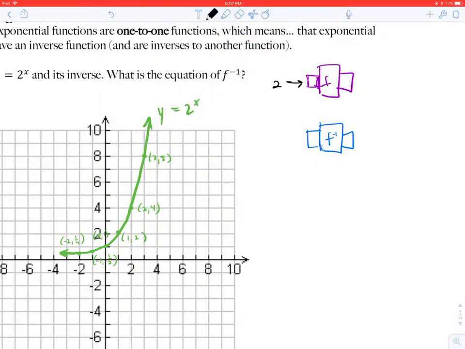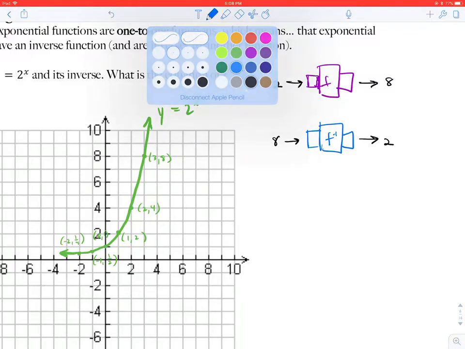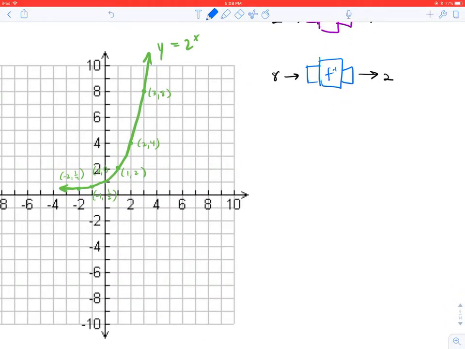If I were to input, say, 2 into f, and the output was 8, if I take 8 and input it into f inverse, its output will be 2. The domain and the range flip-flop, meaning if the point (-2, 1/4) lies on the graph of 2 to the x, then on its inverse function there will be the point (1/4, -2).